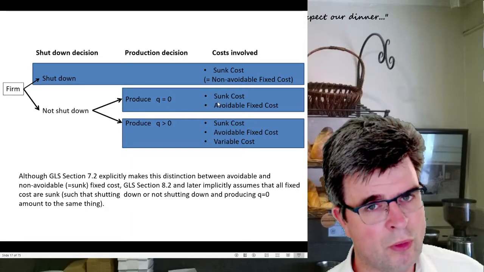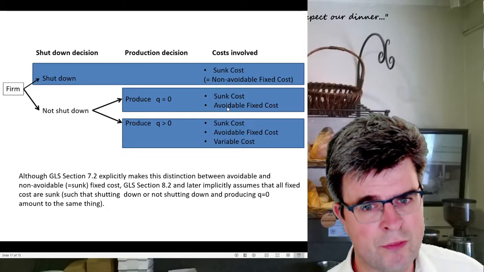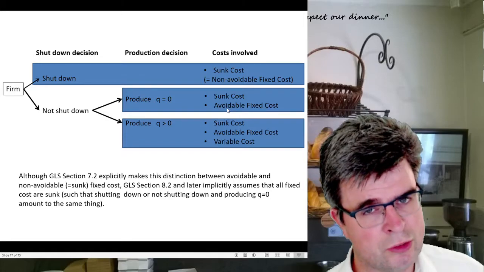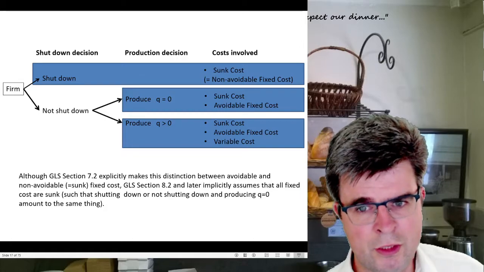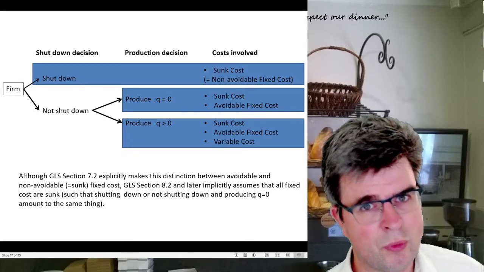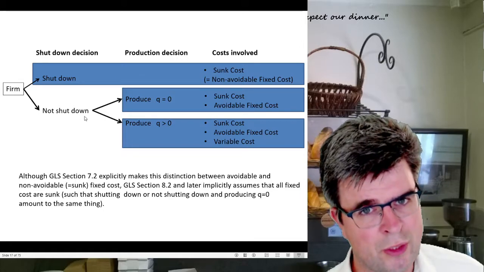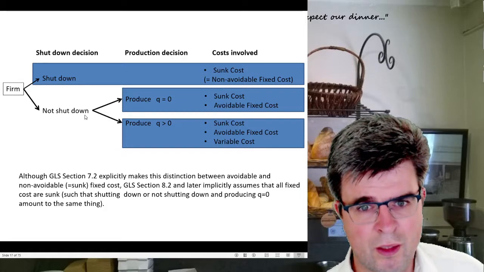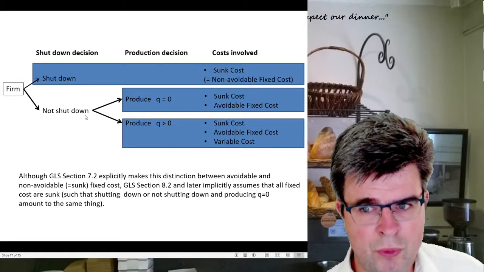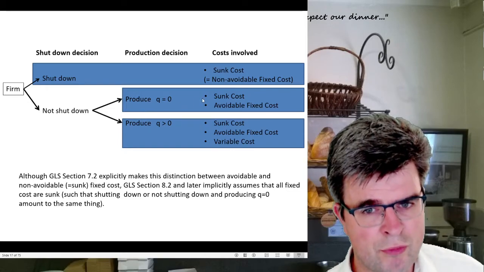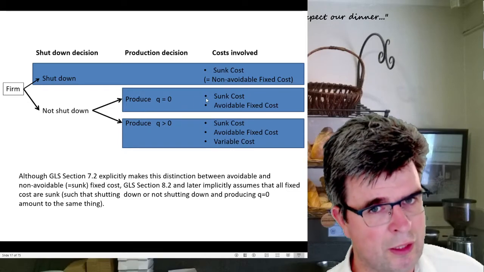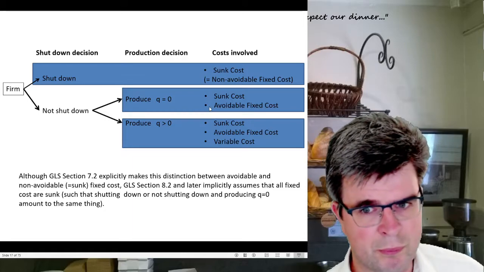And now you don't only have to pay the sunk cost, but you also have to pay the part of the fixed cost that would be avoidable, but now needs to be paid because you decided not to avoid them by not shutting down. So if you don't shut down, even if you produce zero, you have to pay the entire fixed cost, the avoidable part and the non-avoidable part.